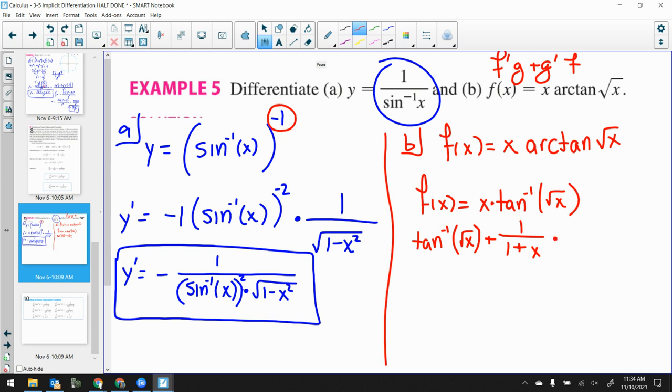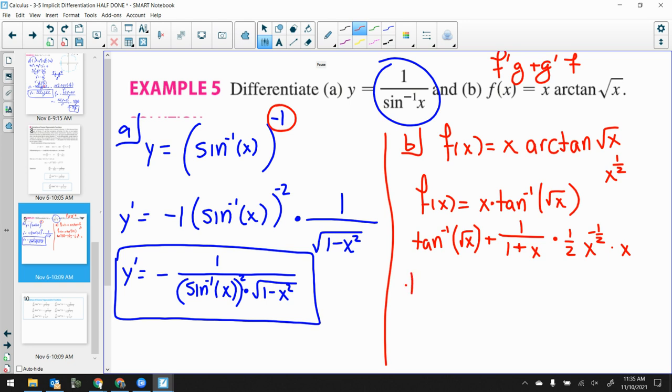Well, what's the derivative of the square root of x? Well, remember, this is like x to the 1/2 power, right? So it's 1/2 x to the negative 1/2. Okay, that was all just g prime. And now times f. Okay, so we've got, I don't know if I can do too much with this thing.